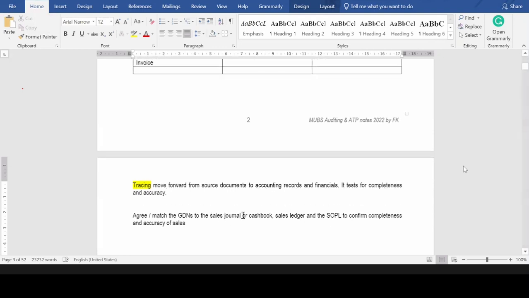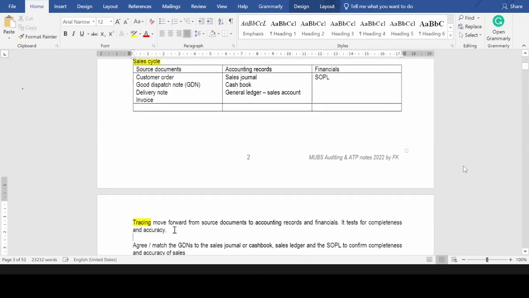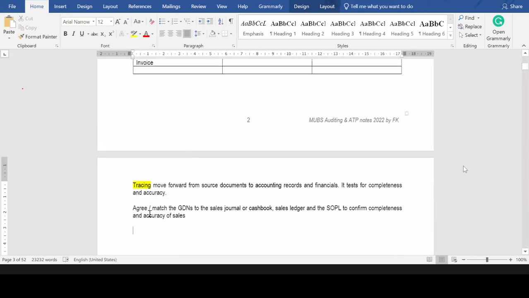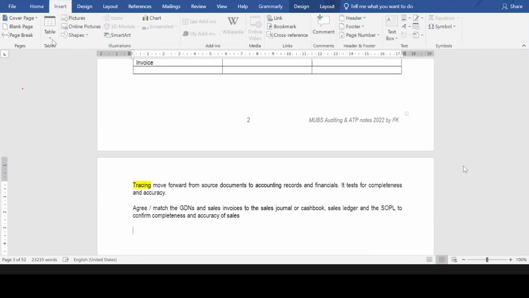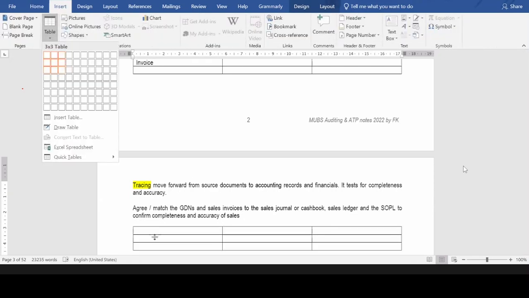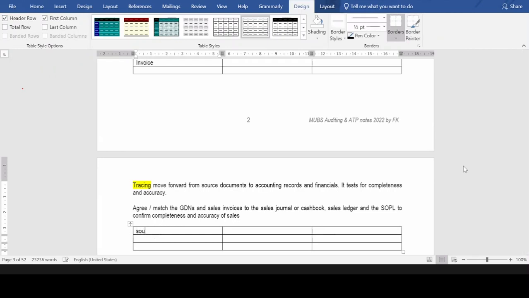Make it more practical. I can write a table here. I can even add another document here, invoices.